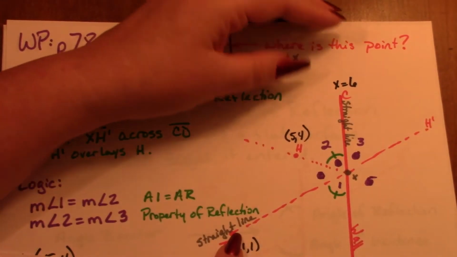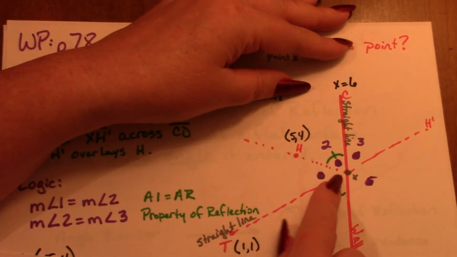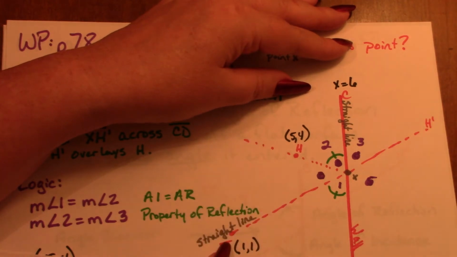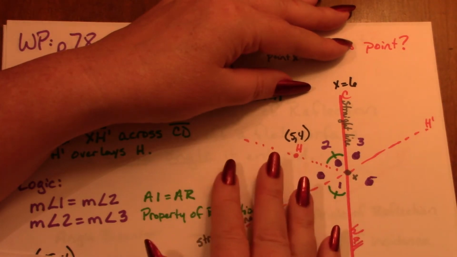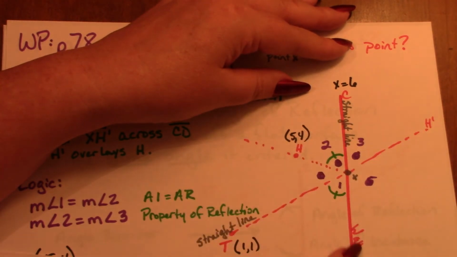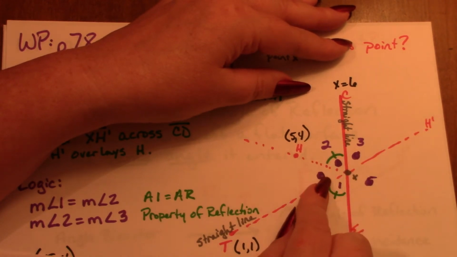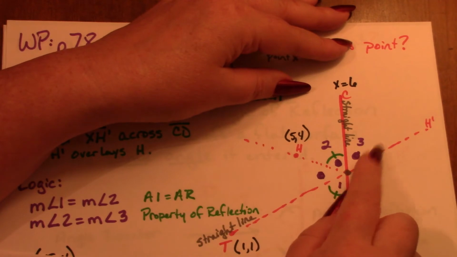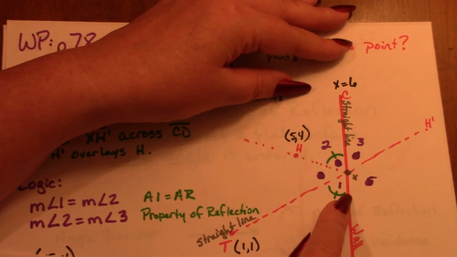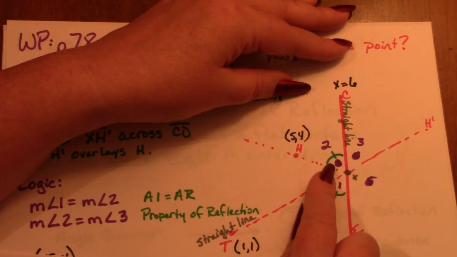If we reflect point T and point H over this straight line, we will end up with H1 way over here. We know that this angle is the same as this angle.